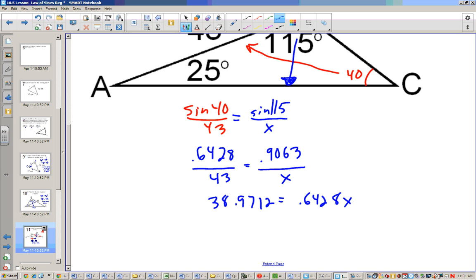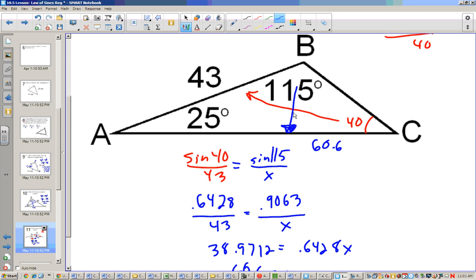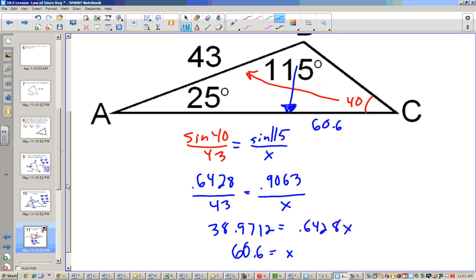Now I divide that by 0.6428, and I have an x value of 60.6. So if this is 43, that makes sense that that would be 60.6.